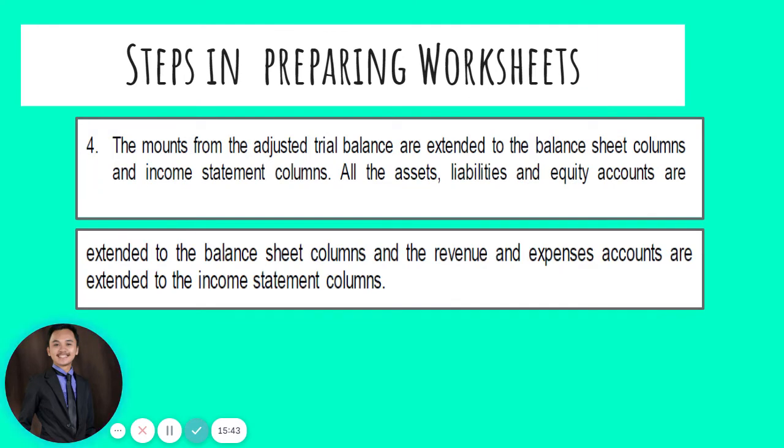Now let's proceed with our fourth step in preparing our worksheets. The amounts from the adjusted trial balance are extended to the balance sheet columns and income statement columns. All the assets, liabilities, and equity accounts are extended to the balance sheet columns, and your revenue and expense accounts are extended to the income statement columns.